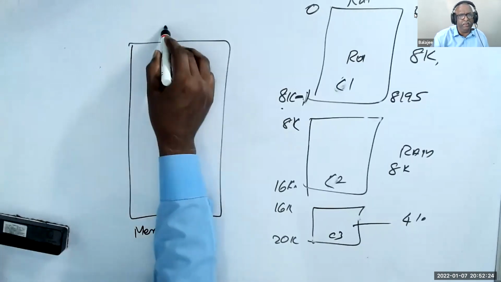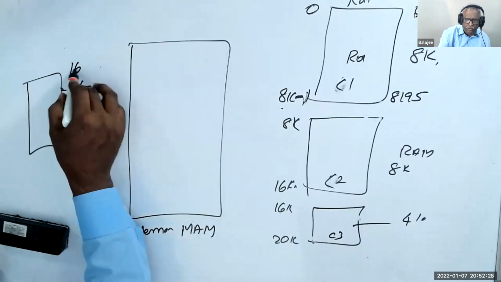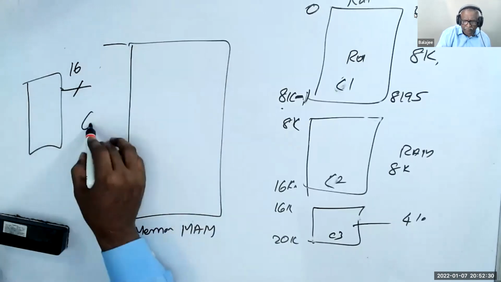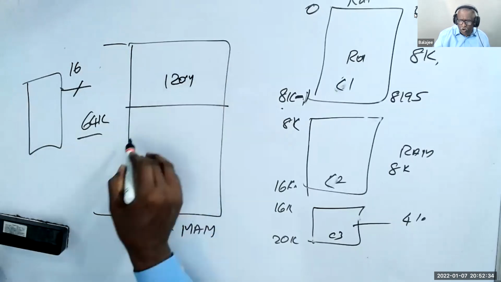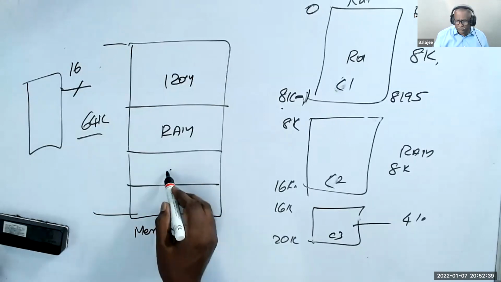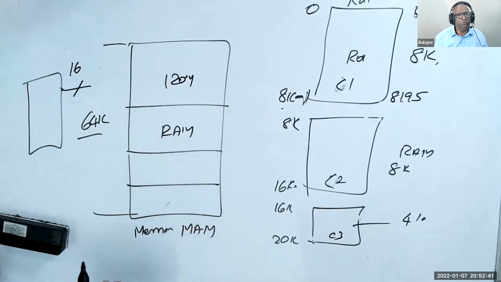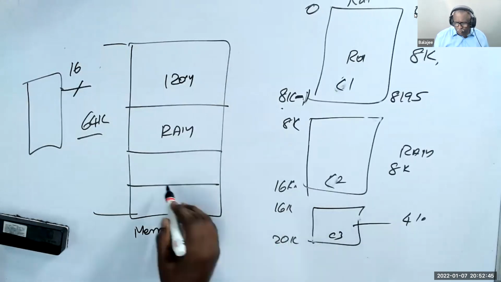Your total memory, in my microprocessor with 16-bit address, is 64K. Out of which, how much is ROM? How much is RAM? How much is output?